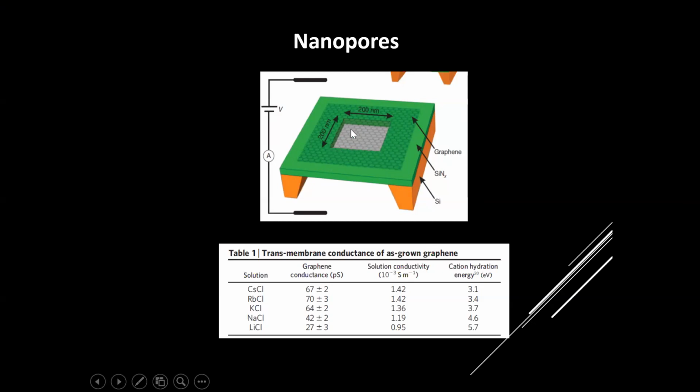One side of this membrane has a reservoir, and the other side has the other reservoir, so you have this membrane in between two reservoirs.